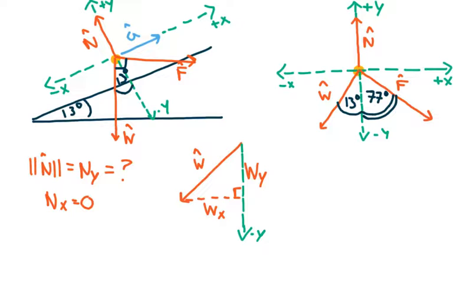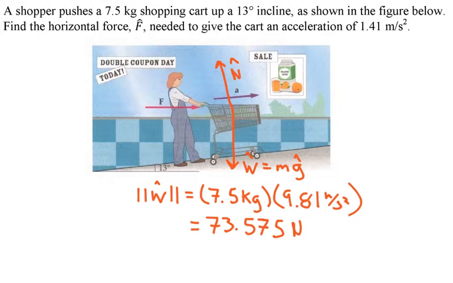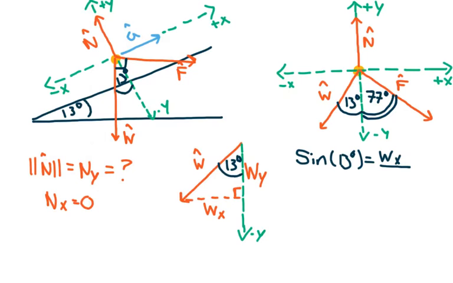Okay? Now, just using some basic trigonometry and the angle, which we know is 13 degrees, we can solve for both the y component and the x component. So let's start with the sine. Sine of that 13 degrees is equal to the opposite, so Wx in this case, over the magnitude of the weight, which we solved on the previous slide to be 73.575 newtons.